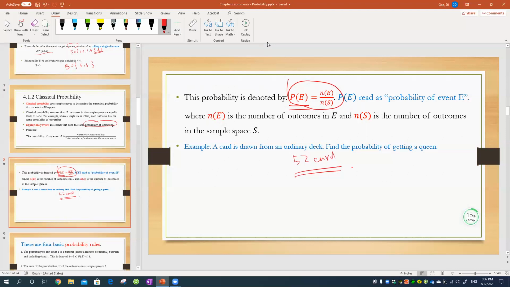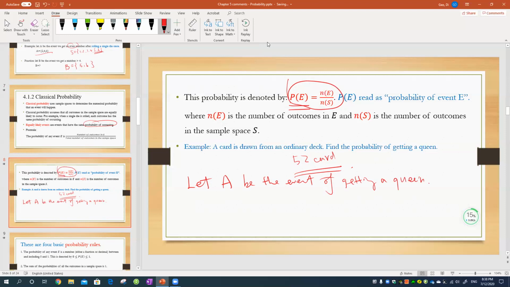So let A be the event of getting a queen.